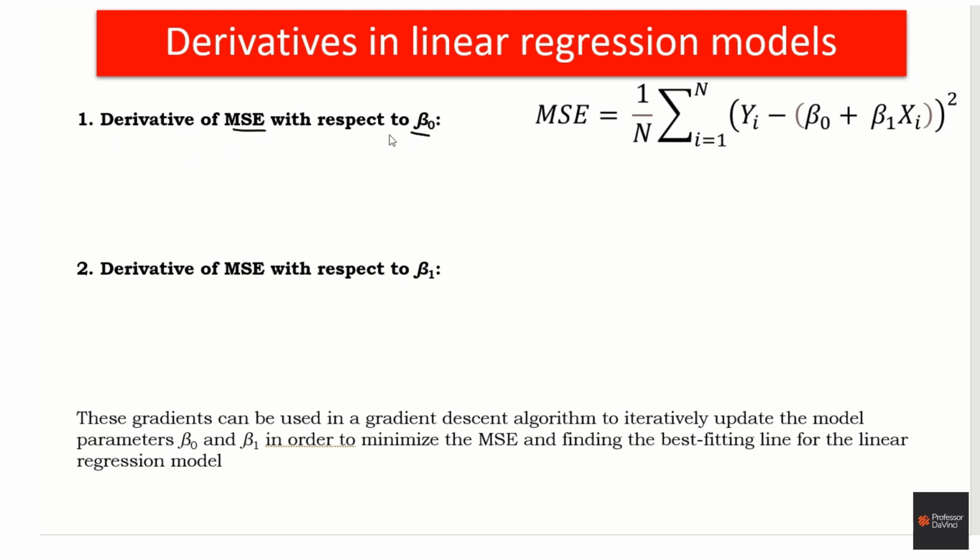Here we have two things, beta naught and beta 1, so we need to do partial differentiation. This is a partial differentiation with respect to beta naught.